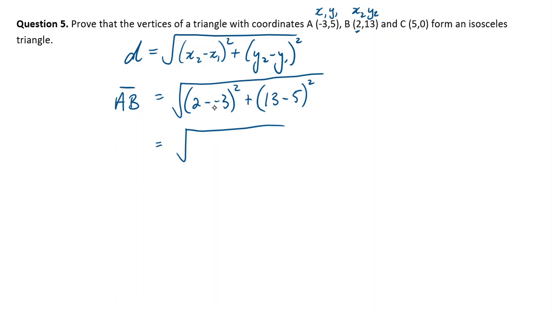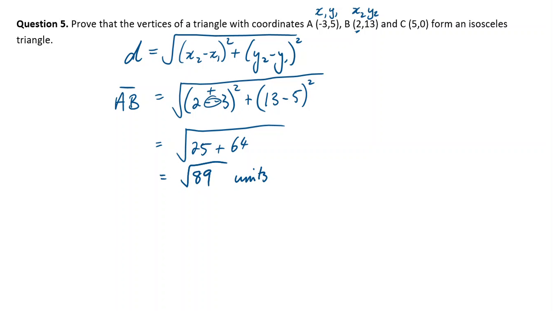So let's have a look. We're going to have a positive here, so it's going to be 5 squared, which is 25, plus 8 squared, which is 64. So we're going to have the square root of 89 units here, and we're going to leave it as an exact value, simply because we don't need to know what the square root of 89 is.